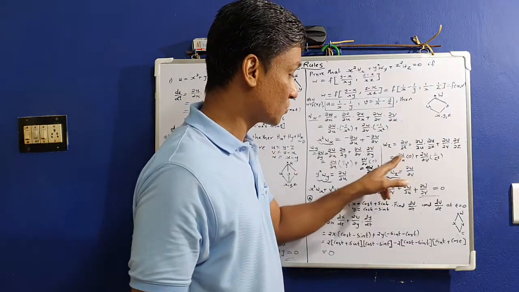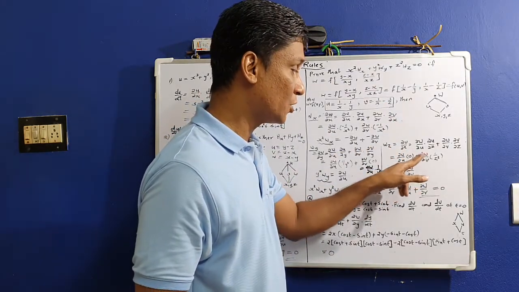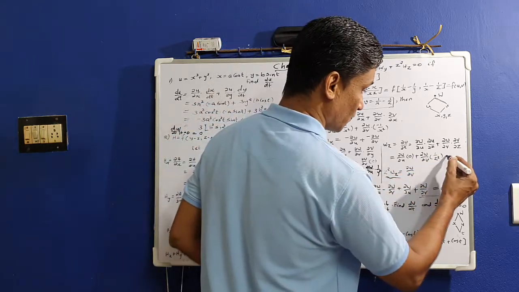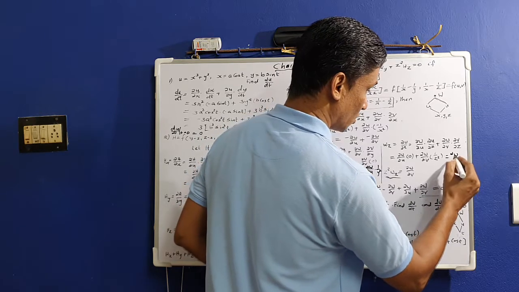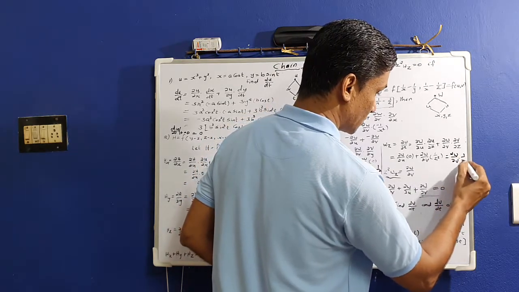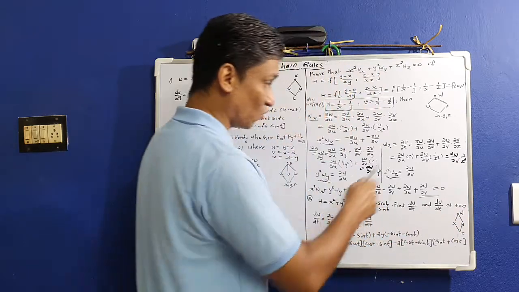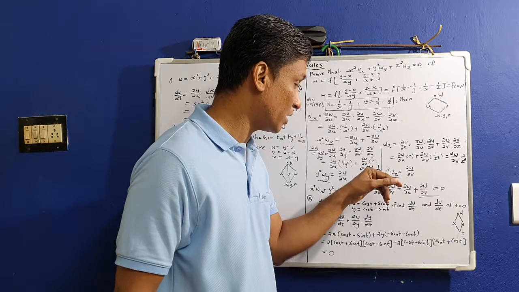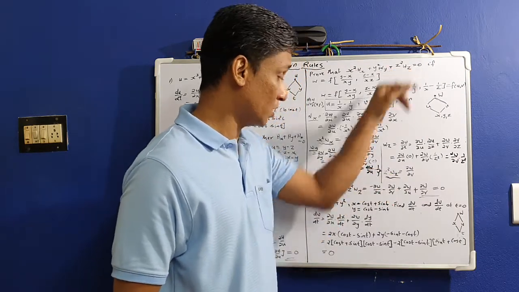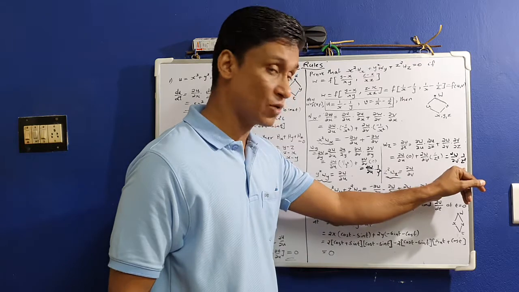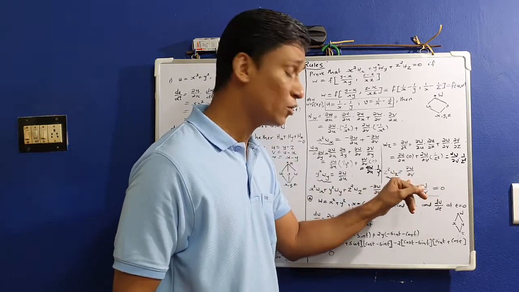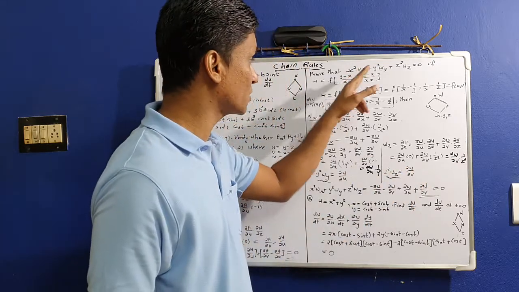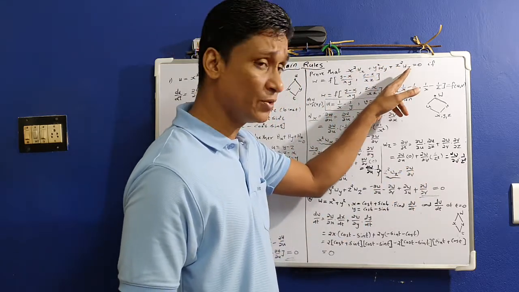So this becomes ∂w/∂u into 0 plus ∂w/∂v into 1 by z², which reduces to ∂w/∂v into 1 by z². Now when you multiply with z² into wz, z² gets cancelled and you simply get ∂w/∂v. So z² wz equal to ∂w/∂v. So we have obtained x² wx, y² wy and z² wz.